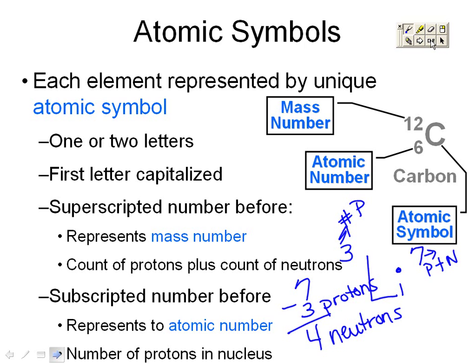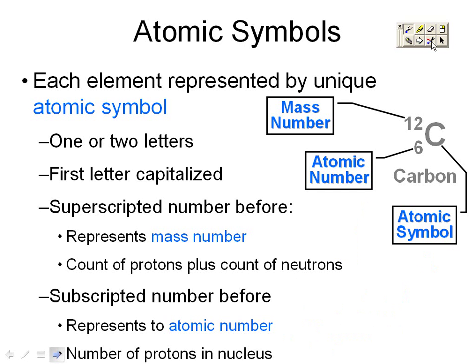Now there are 3 components to any atom. We have protons, we have neutrons, and we have electrons. There is a simple way to tell the number of electrons. In an atom, if protons are positive and neutrons are neutral, electrons are negative.